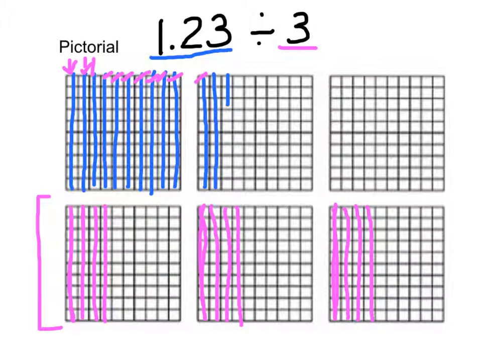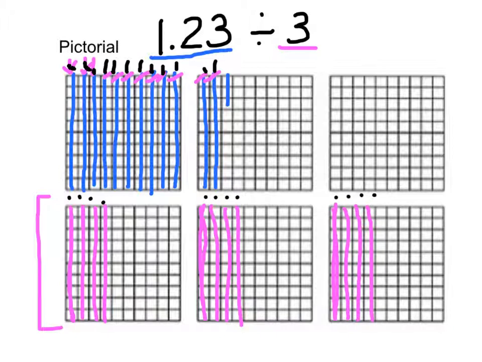The 4/10. We also could have looked at it as there's 1, 2, 3, 4, 5, 6, 7, 8, 9, 10, 11, 12. There's 12 tenths, and so we just could have done that and counted it out. Now I'm not done yet.